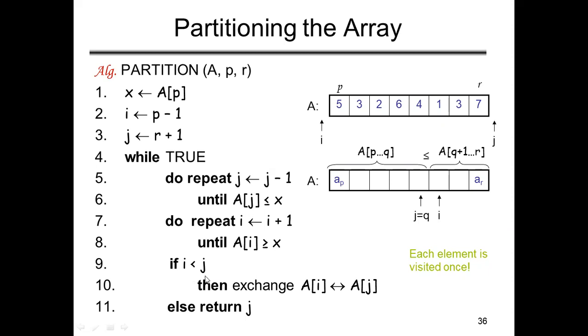It means I has crossed J. In that case, you return the index J from this partition algorithm. Each element is visited once, since in the array from P to R we are visiting each element one time. So the running time of this algorithm is theta of n, where n equals R minus P plus 1.